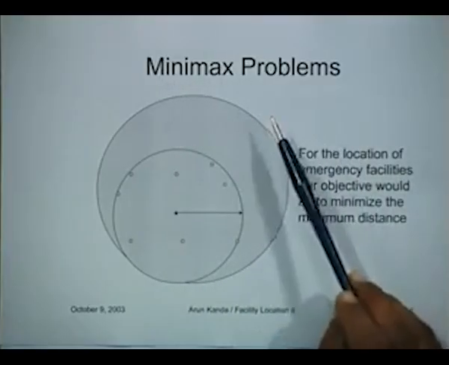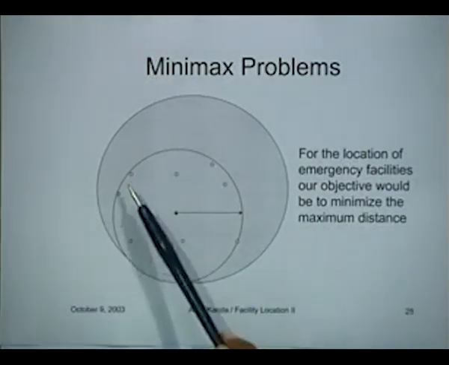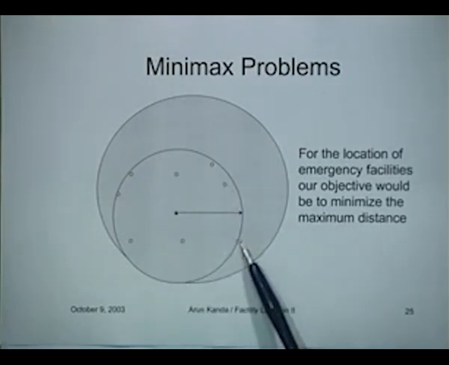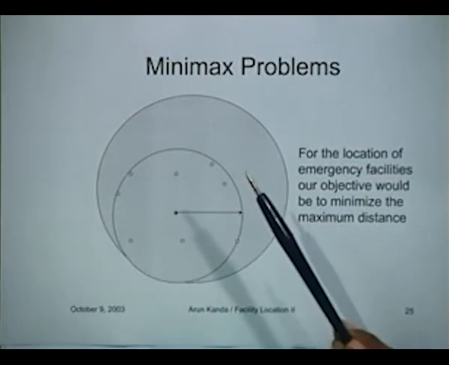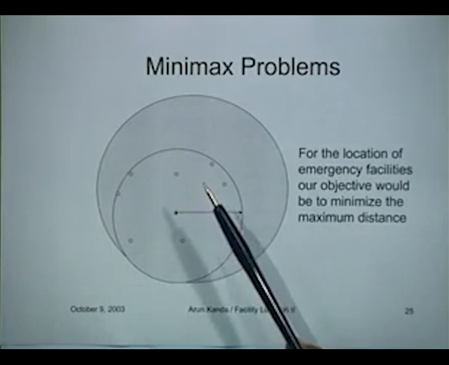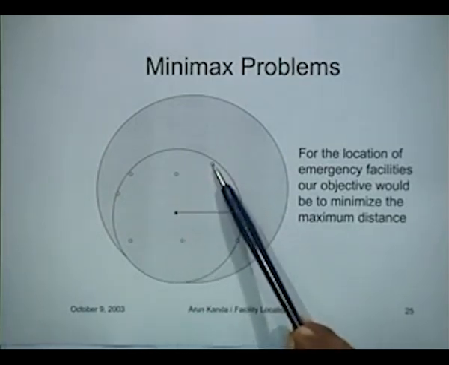Now, in many instances, especially in emergency location problems, it is not appropriate to think of a mini sum objective. It is better to think in terms of what we call a mini max objective. For instance, if these are the residences of different people in different localities, and you are trying to find out the location of a fire station, the location should not be such that the total cost to this plus this should be minimum, because when a fire breaks out, the fire tender has to run to that particular place.